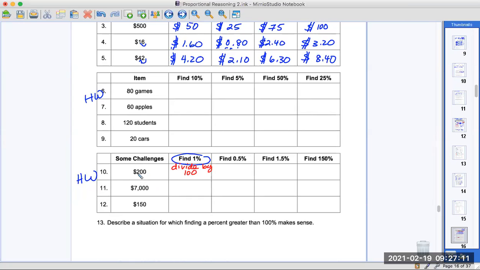Or you can move your decimal back 2 spaces. So that would make it, divide by 100, it's $2. So 1% is $2. Find half a percent. Half of 1%.